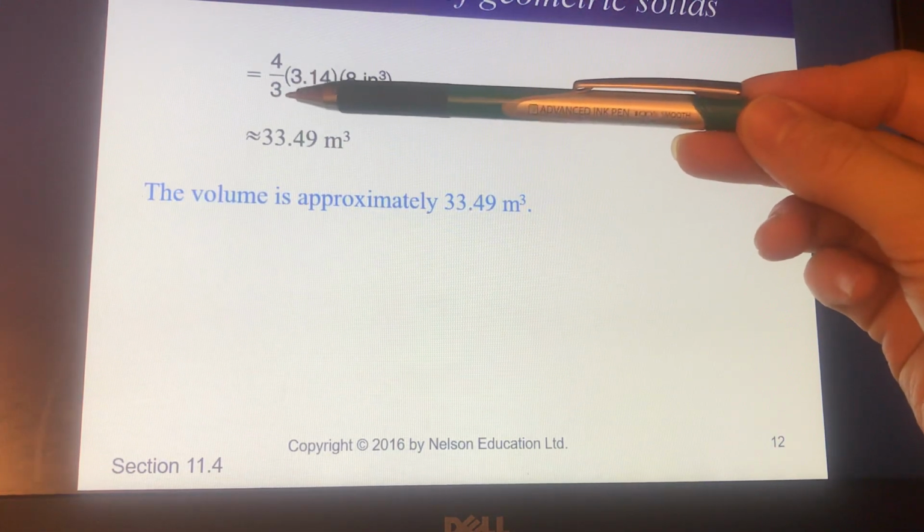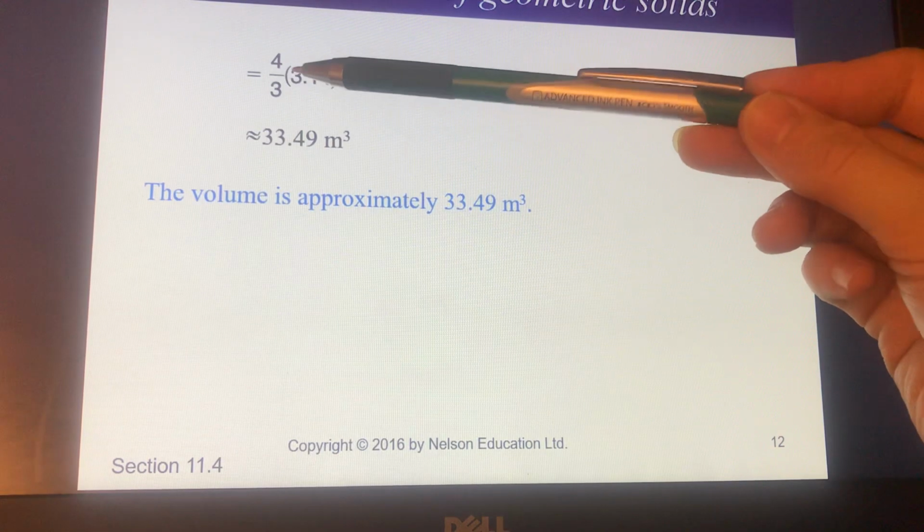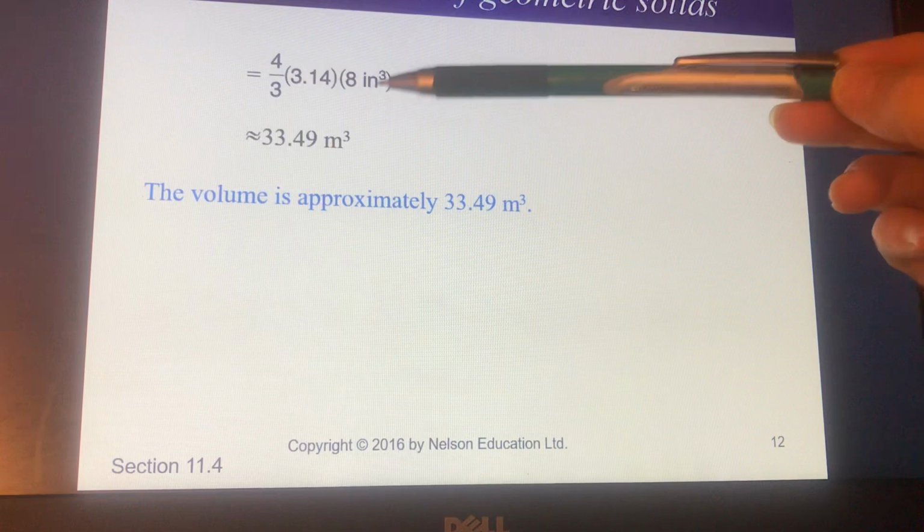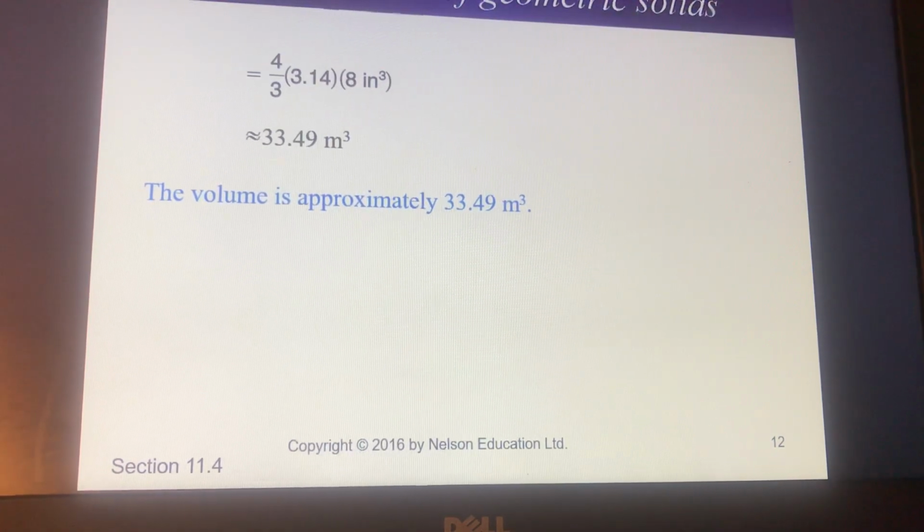You can do the division at the very end. If you do it right at the beginning, make sure you press equal and then multiply by these two. So once more, punch it in the calculator: 4 times 3.14 times 8, eventually divide by 3, press equal, almost 33.49.